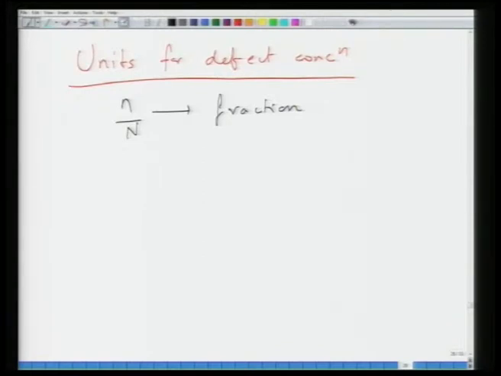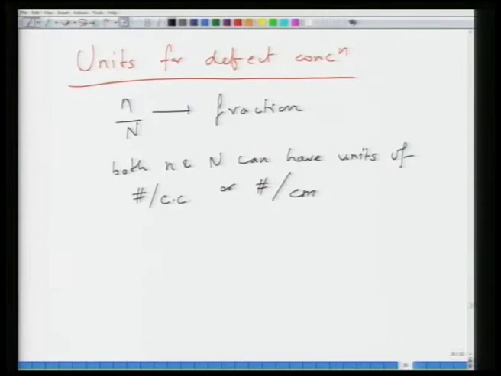However, both N and N can have units of number per cc, or number per centimeter cube, or number per meter cube. Okay. So this is basically number per unit volume.